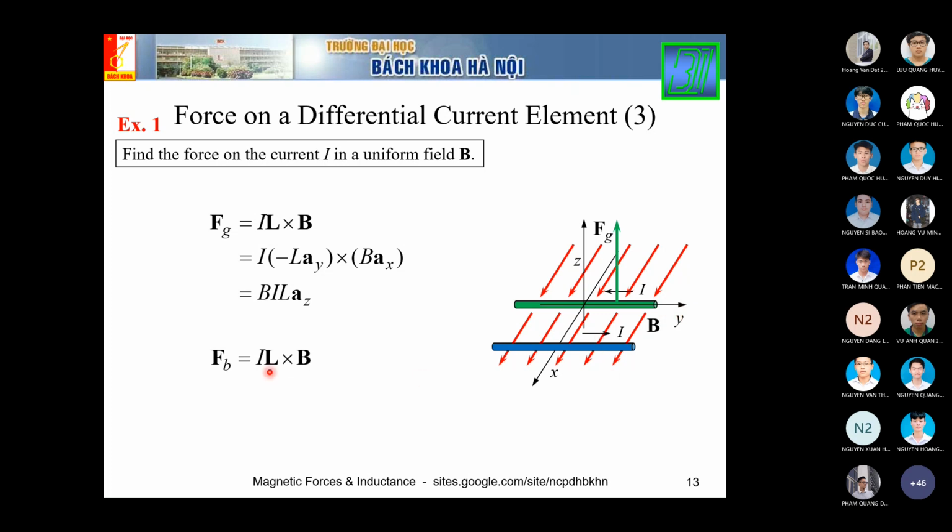So the direction of L will be plus a_y, like this. And a_y cross a_x will be minus a_z once again. Based on this result, we can see that the direction of F_B will be downward.